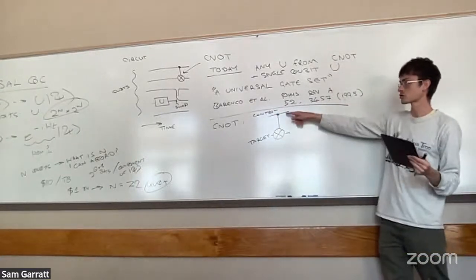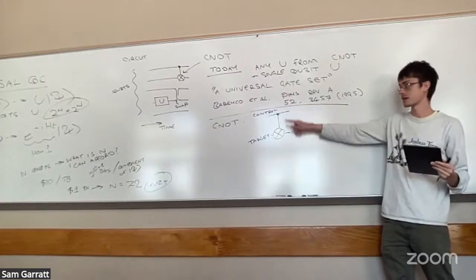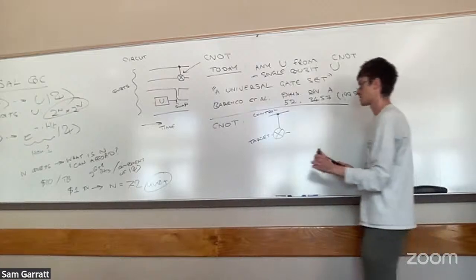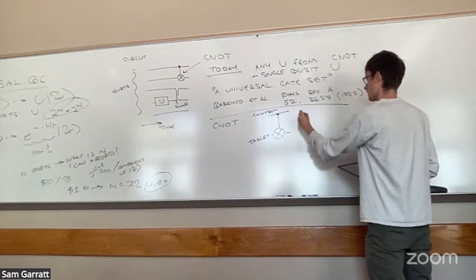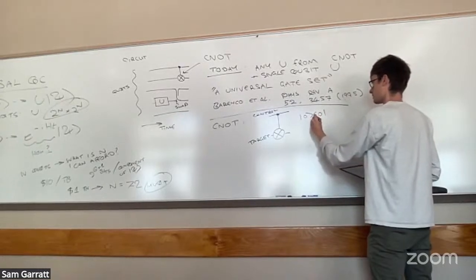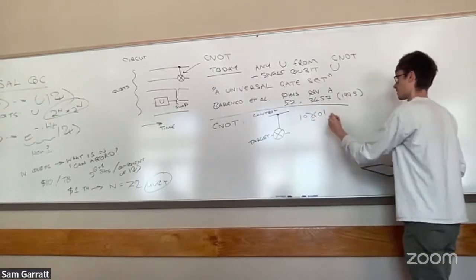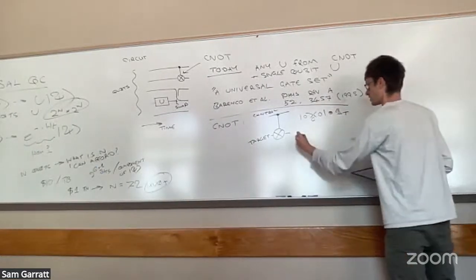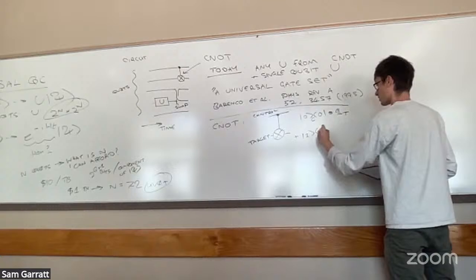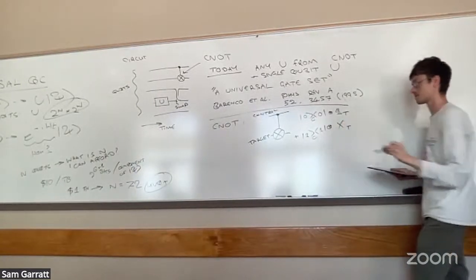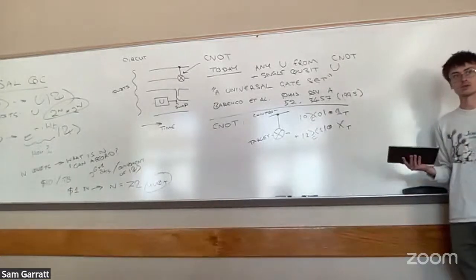It says if the control is in the state 1, then apply the X operator or the NOT operator. So we can think of CNOT as: if the control, let's call it C for control, is in state 0, then we apply identity on the target. And if the control is in state 1, then we apply the X operator on the target. X is just flipping 0 to 1 and 1 to 0.